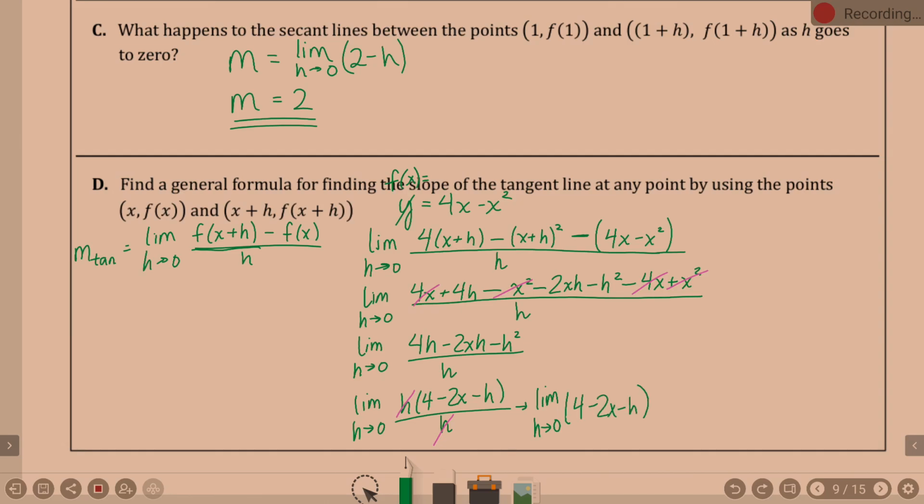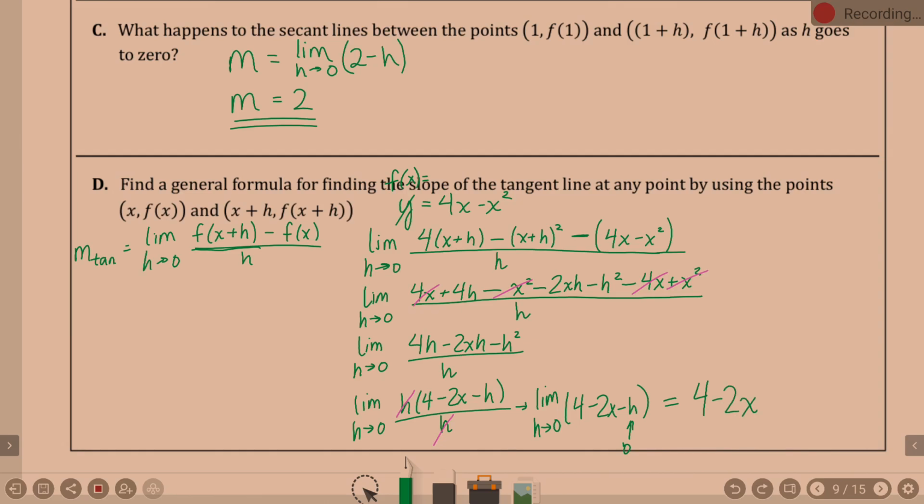You'll notice I've written that word limit every time, haven't I? It gets annoying, but have I taken the limit yet? No. And if you drop it off, you will forget, guaranteed. Am I ready to take the limit now? Yes. Since it says h approaches 0, we're going to plug in 0 for h, and what do we end up with? 4 minus 2x.